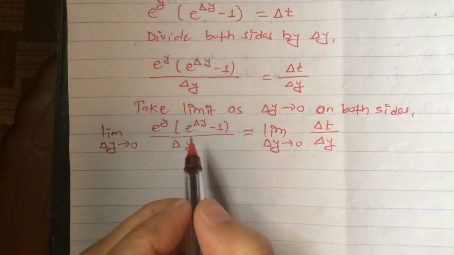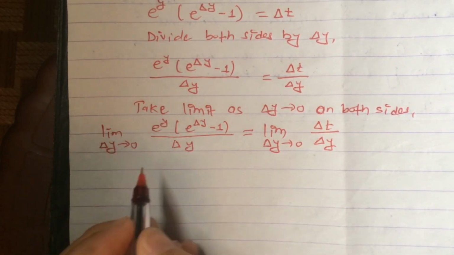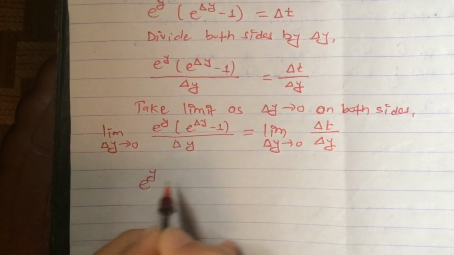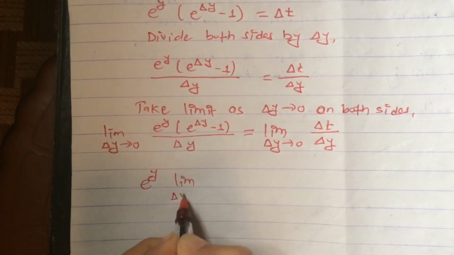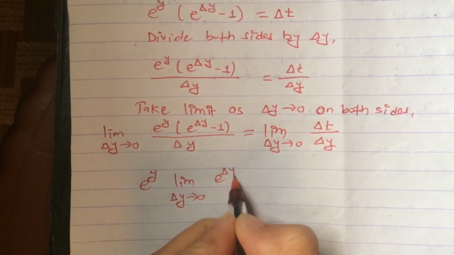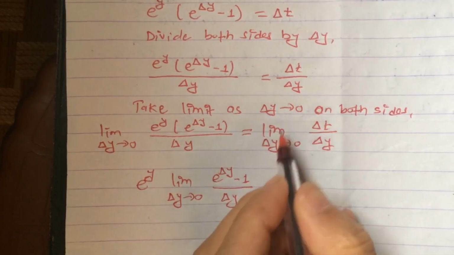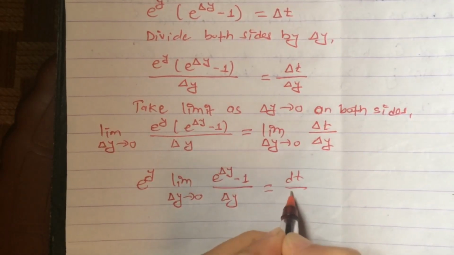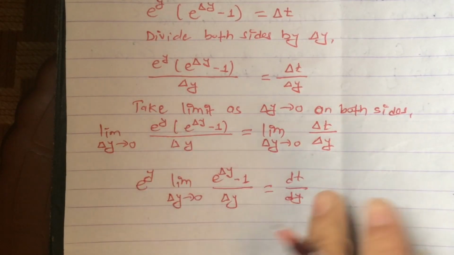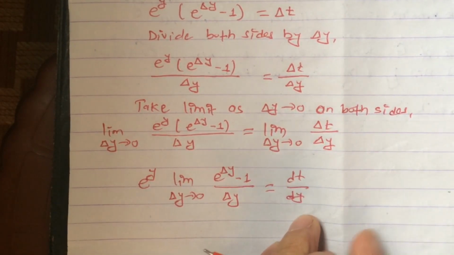Now, since e^y is independent of del y, we can take it out of the limit. After that, the limit as del y tends to 0 of (e^(del y) minus 1) divided by del y is equal to, and you know, the limit of del t by del y is dt by dy.